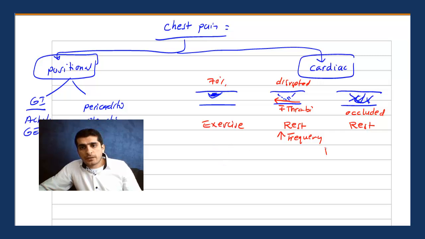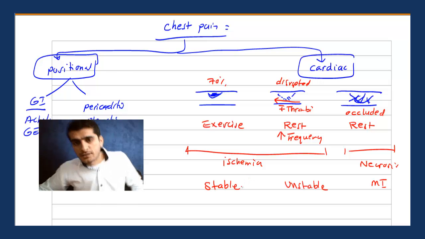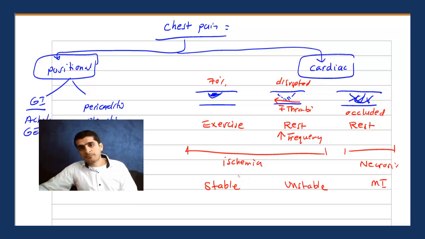So for both of them, this is ischemia pathology, right? The last one is MI, which is necrosis pathology. So you get MI here, you get unstable, and you get stable. Right. This is basically what the questions and the explanation said.